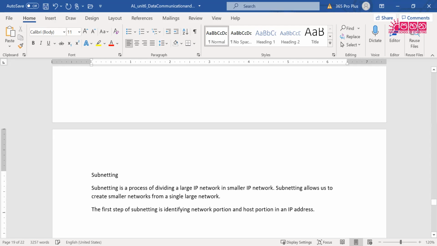Before we divide it, we need to know what the network and host portions of the IP address are.